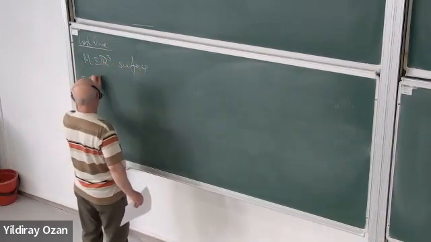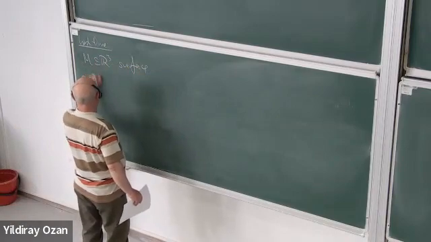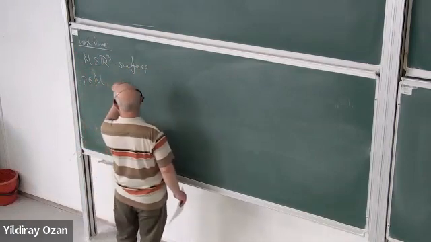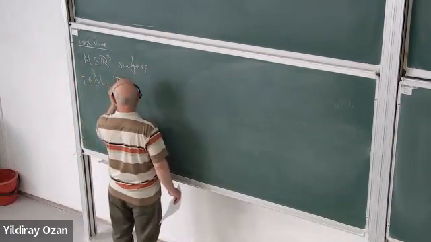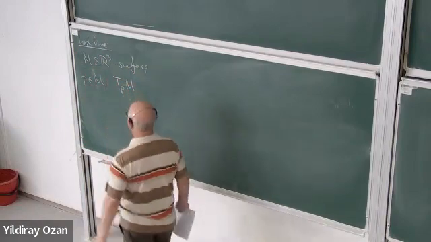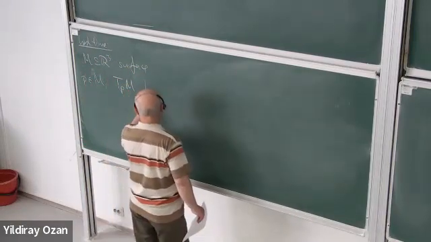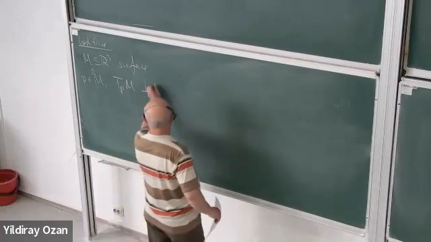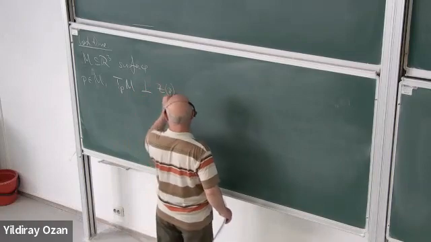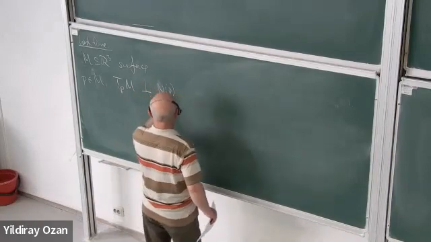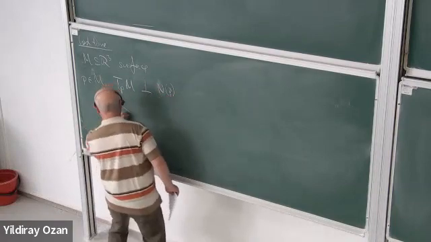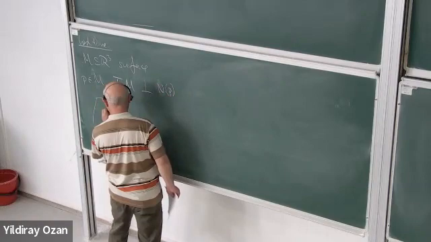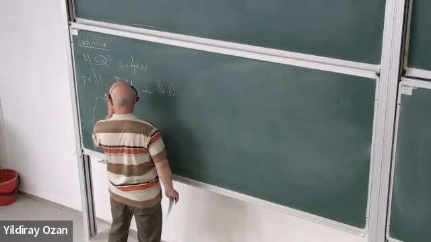If we have a point P in M, then we have the tangent space, and the tangent space is normal to, let's say, a normal vector at P. So something like this.